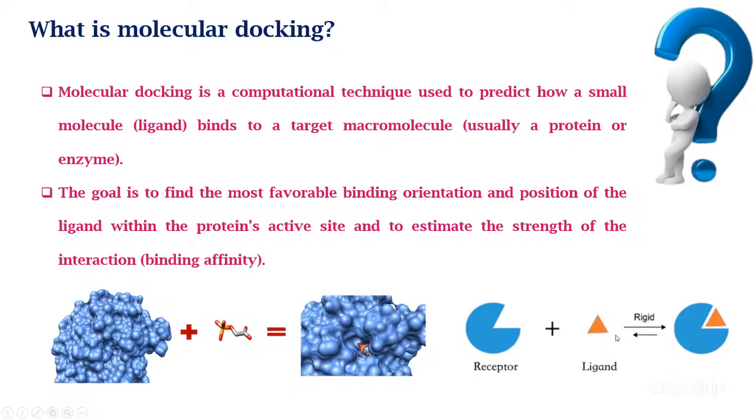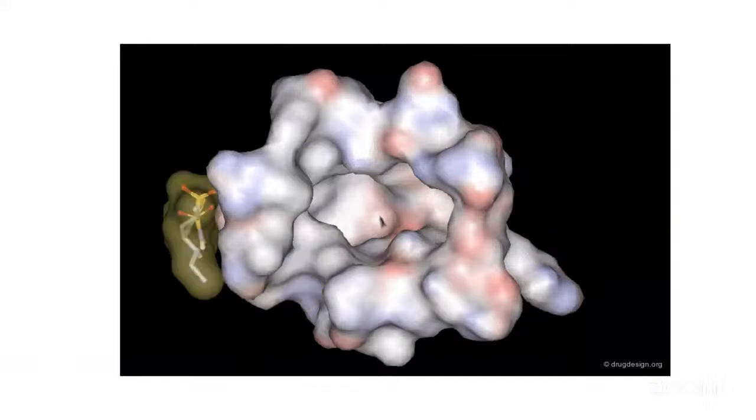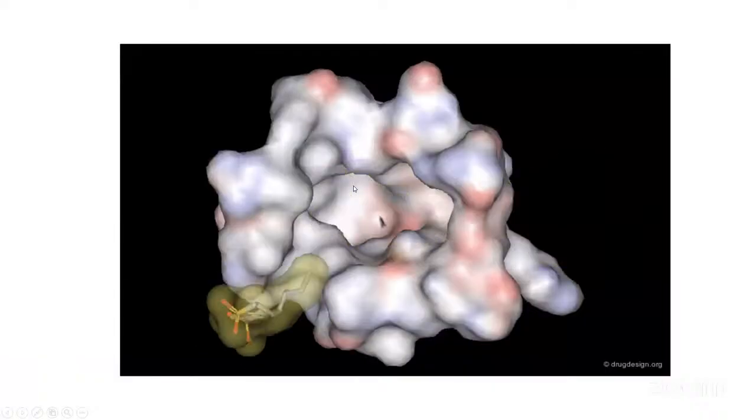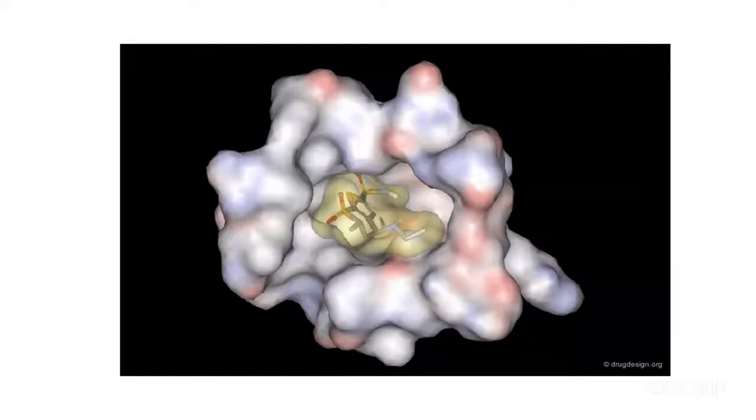We also call it the lock and key model because, depending on the orientation of the ligand, it can fit into the cavity of the receptor, that is, protein or enzymes. This GIF, that is a graphical file, shows the ligand and the protein, and this ligand can be placed at the active site of this protein. Wherever it has more interactions, at that place it will be stable.